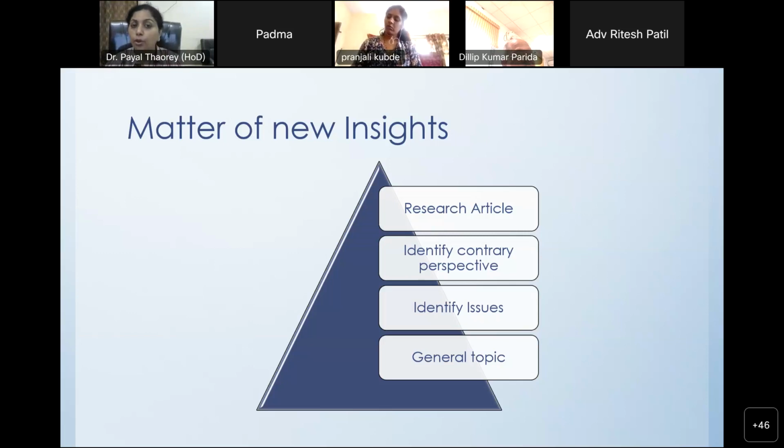So in your research also you find out these issues, and that's why I said that while choosing your research topic, you all need to be very careful and cautious about what you want to do research on.